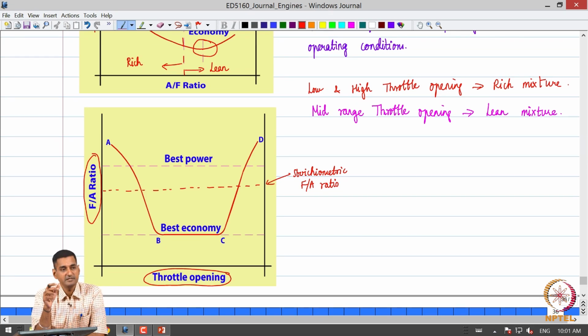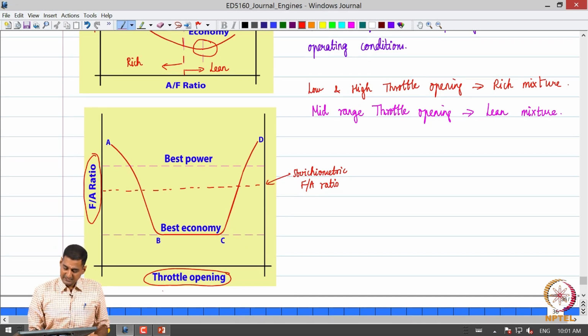So, now the question becomes, how do we map the throttle opening to the fuel air ratio that is expected out of the device? This figure shows a qualitative picture of what is to be expected with respect to the throttle opening.